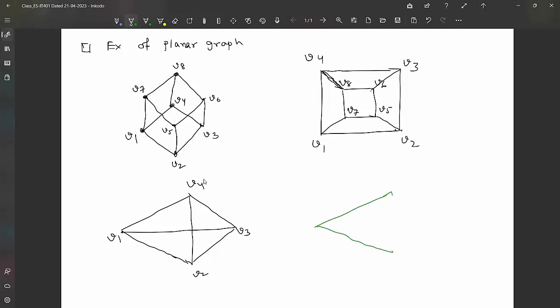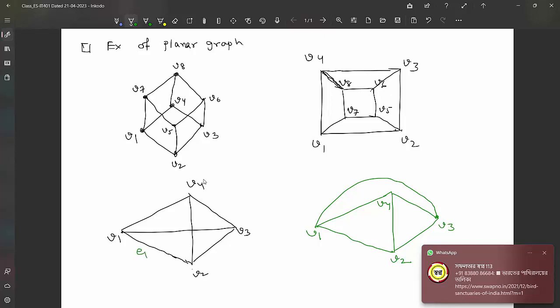We can make one isomorphic image of this graph in this way. These are V3 and V4, and we can pass this line from here to here. This is V1, this is V2, this is V3 and this is V4. There are two lines, one connecting V2 and V4 and another connecting V1 and V3. So we preserve all these edges.